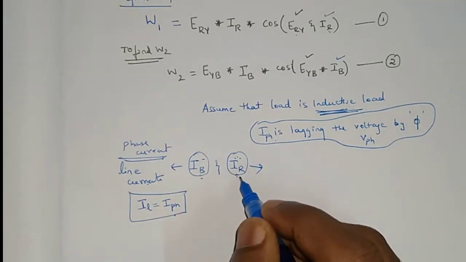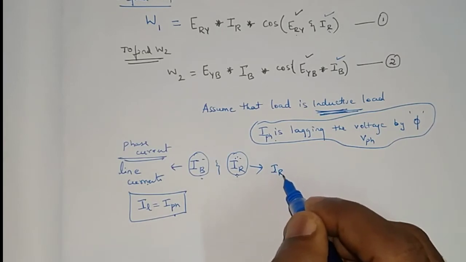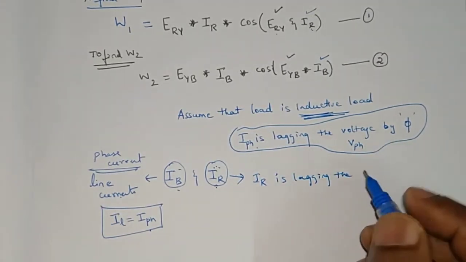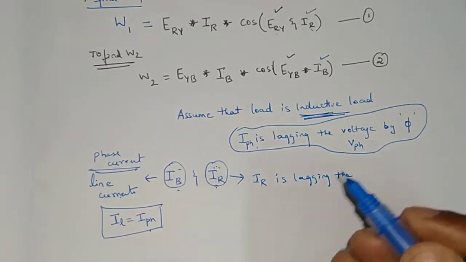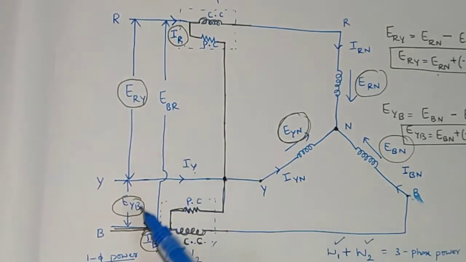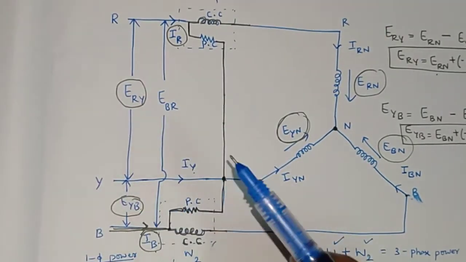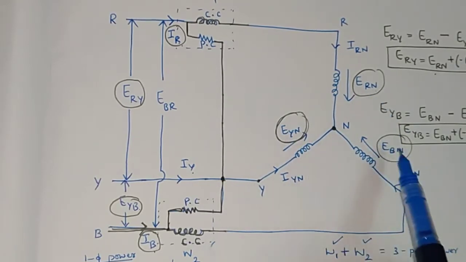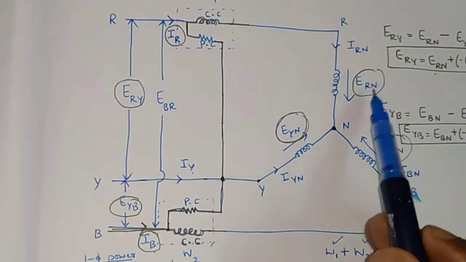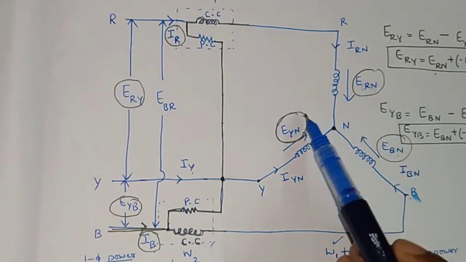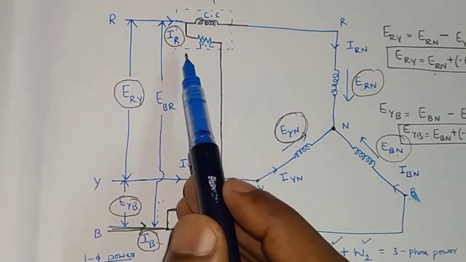Now I will write the relation for IR. IR is the phase current for me, lagging the phase voltage. With respect to IR, we will check the phase voltage in the circuit diagram. ERY, EBR and EYB are all line voltages. Now I want the phase voltage. ERN, EYN and EBN are the phase voltages. You know that the voltage measured between one phase and the neutral is called phase voltage.